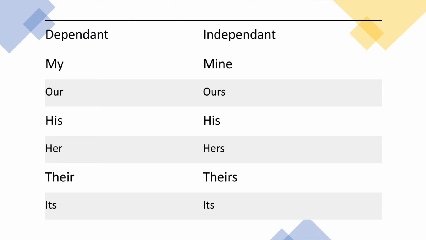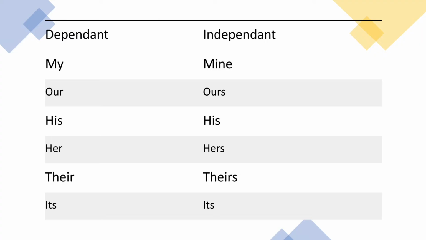So an independent possessive pronoun, as the name suggests, takes the place of a noun and it adds possession to it. So it's the noun plus the ownership. You don't need to say what you own right after them. So let's take a look at what this means.